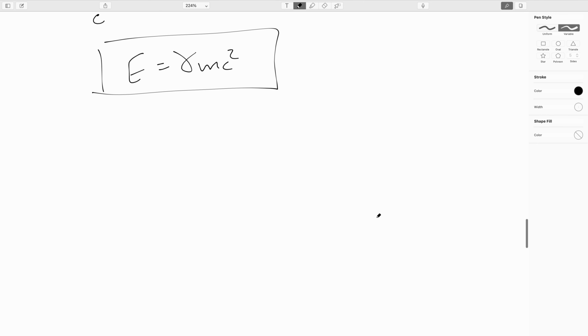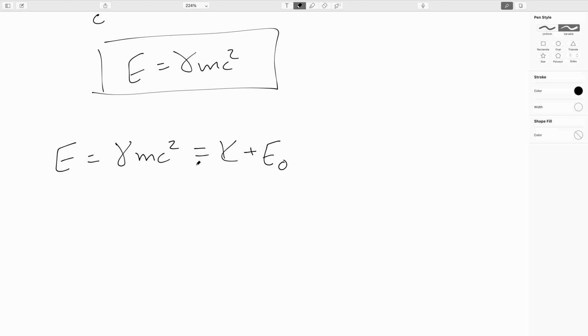Now, just like we saw before with potential energy, it was okay to add and subtract constants of potential energy. That turns out to be the case here. We can go ahead and say that the total mechanical energy, gamma mc squared, will be the kinetic energy plus whatever the energy of the particle is when it's at rest.